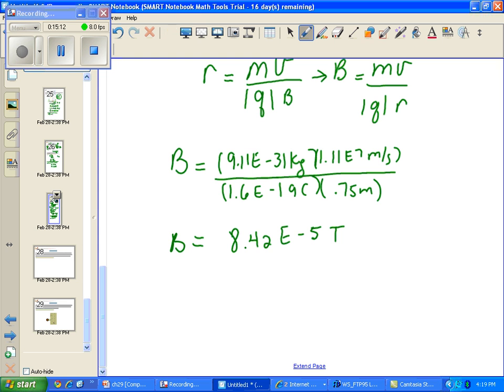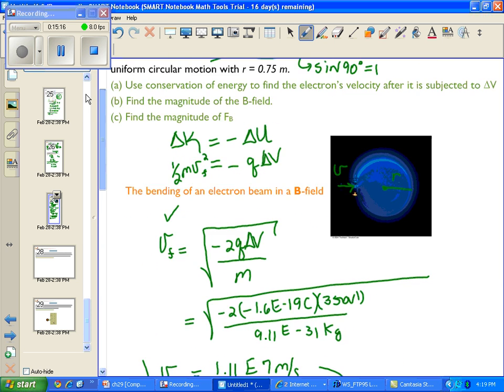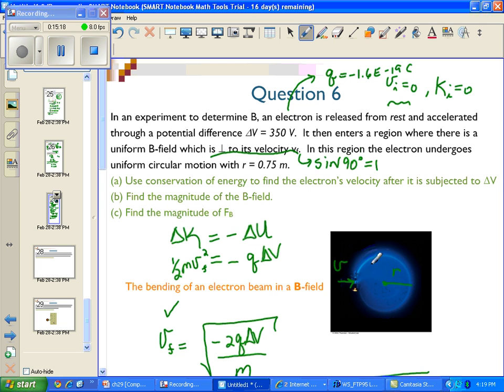And if here we've just obtained the magnitude, we could get the direction by looking at the fact that this electron, we know it's a negative charge, is going to curve, and I believe that it is curving in a direction, let's see, downward.